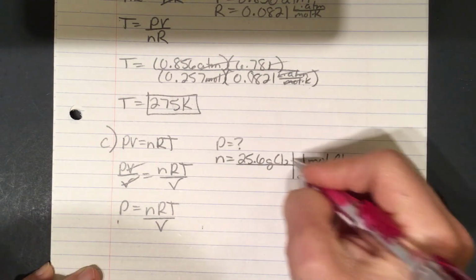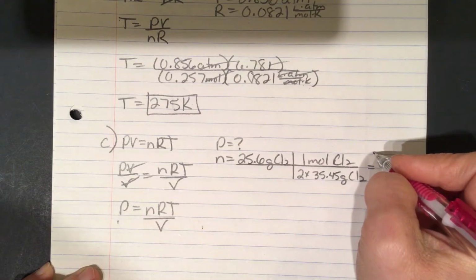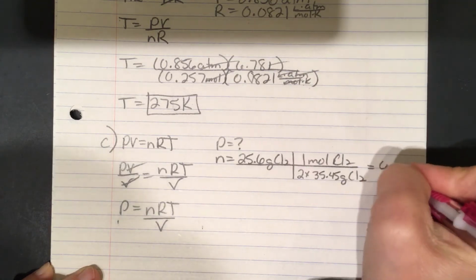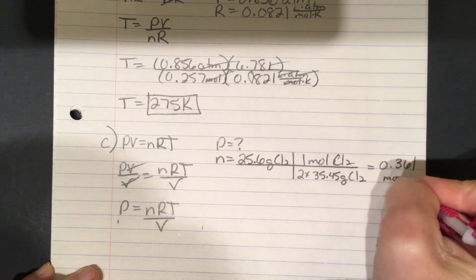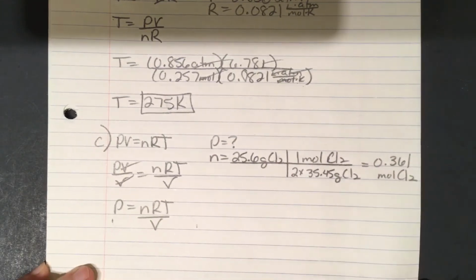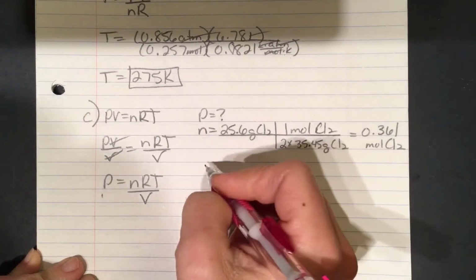So divide 25.6 by 2 times 35, which is about 70-ish, and you get 0.361 moles of chlorine gas. Okay, so we have n.